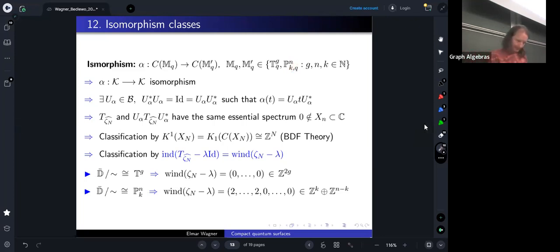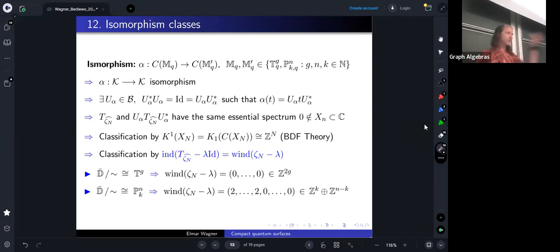Now, the compact operators are a Jacobson ideal. It's the intersection of all ideals. And therefore, when we have a completely abstract isomorphism, we get an isomorphism between the compact operators. Now, any isomorphism of compact operators can be implemented by a unitary in the space of bounded operators.